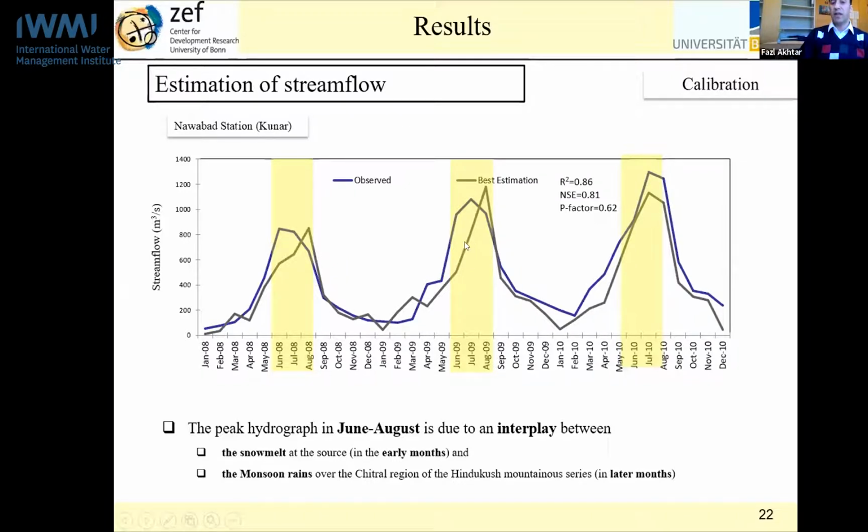And then you see that the hydrograph in June to August is normally due to an interplay. It's a bit moving towards August. Why does it happen? There are 2 things. One thing is the Kunar River basin and the neighboring sub-basins like Alingar. We receive a lot of snowfall here on the heights, and then there comes the monsoon also.